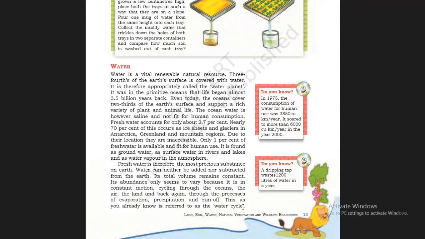This process is known as the water cycle, which you have learned last year. Precipitation is rain, snow, sleet, or hail, any kind of weather condition where something is falling from the sky.